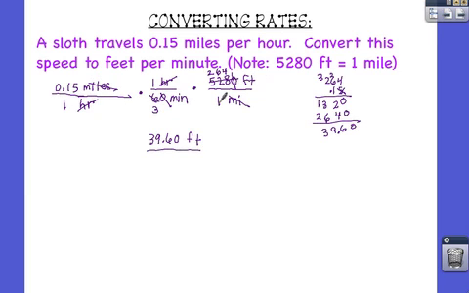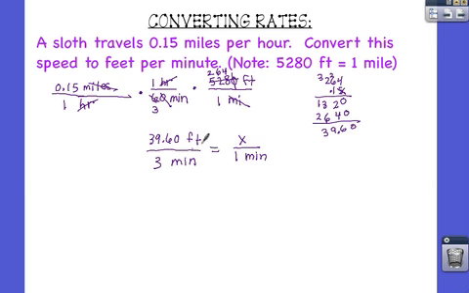Over 1 times 3 times 1, 3, and the only unit left on the bottom is minutes. Now we have 39.60 feet per 3 minutes, and we want to know how many feet is that per 1 minute.